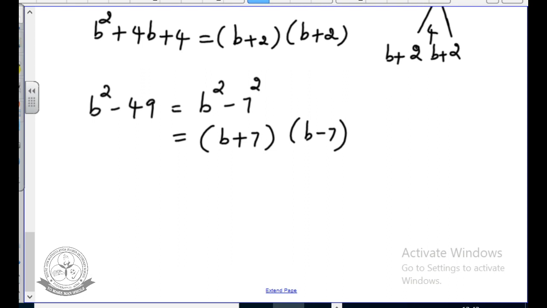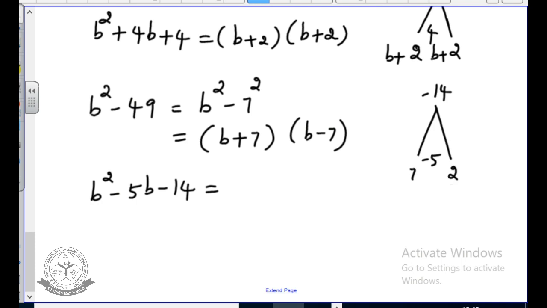So the last one, the second expression, denominator. Here we are having b square minus 5b minus 14 is equal to, here also the same concept. The multiplication term is minus 14, the addition term is minus 5. So 7 2s are 14.